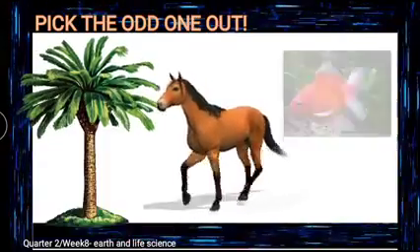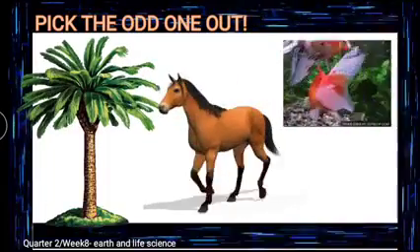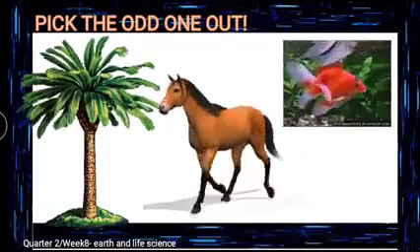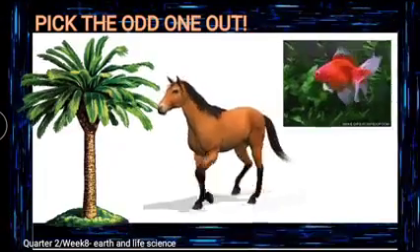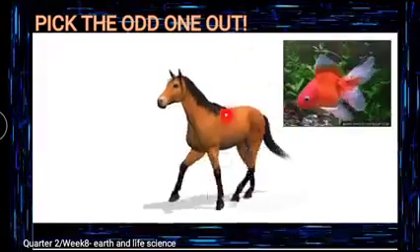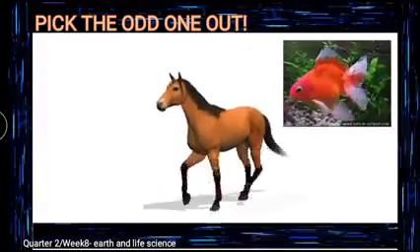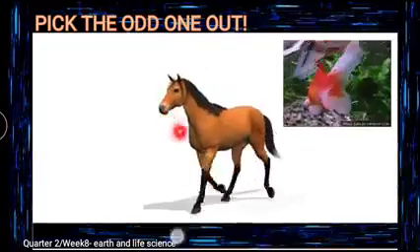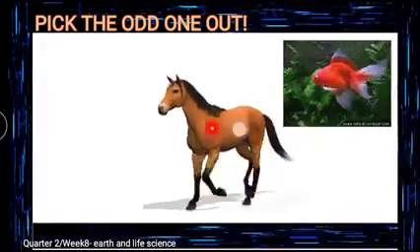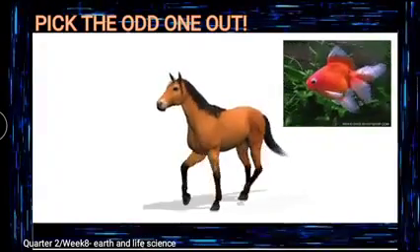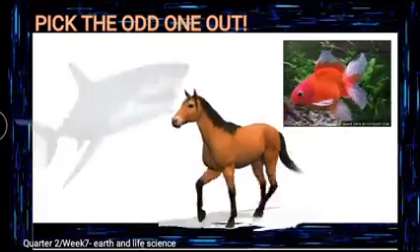So another one, let's have swampfish, horse, and a tree. Very good. So we remove the tree again. Both of these are animals, and you can see the same features such as again eyes.